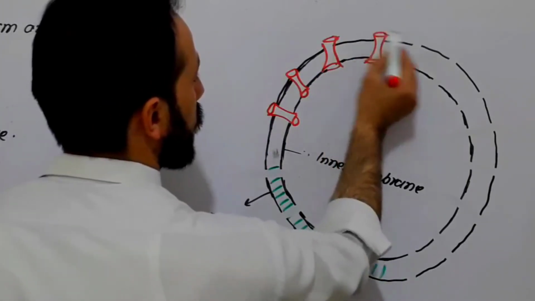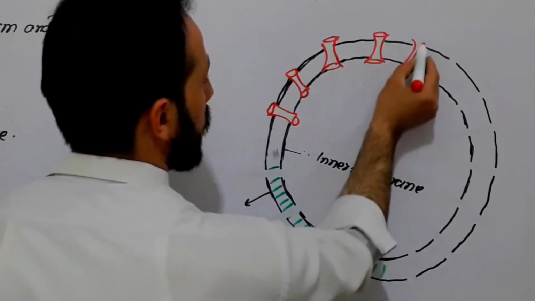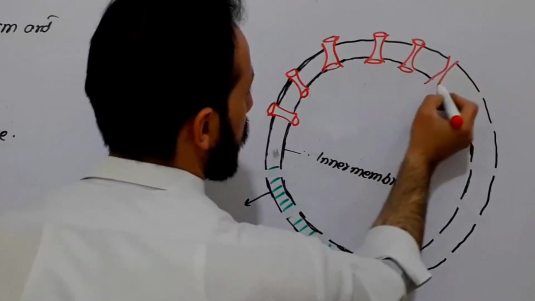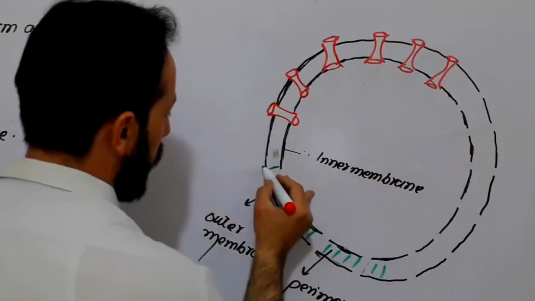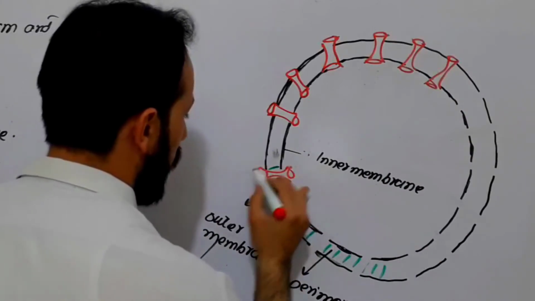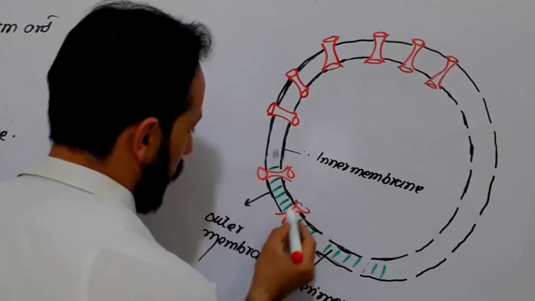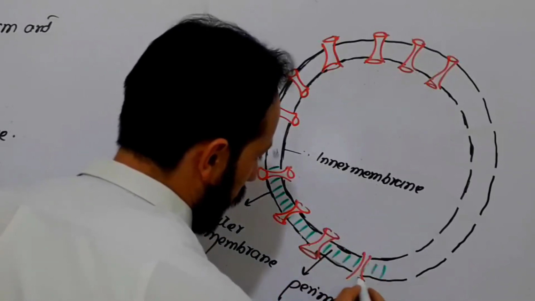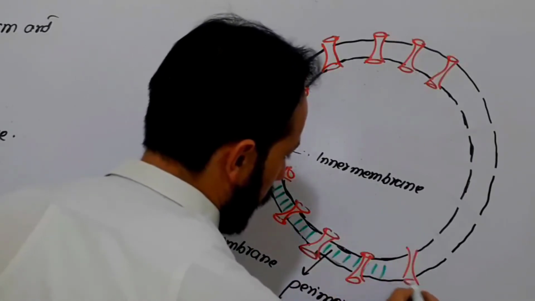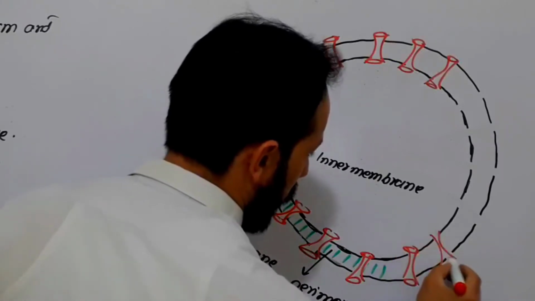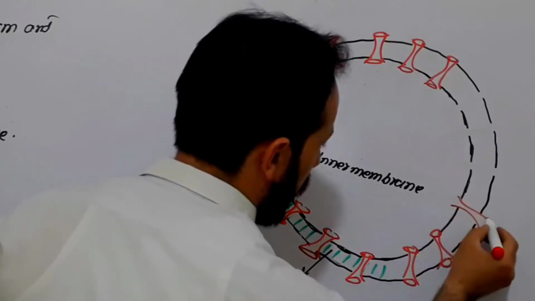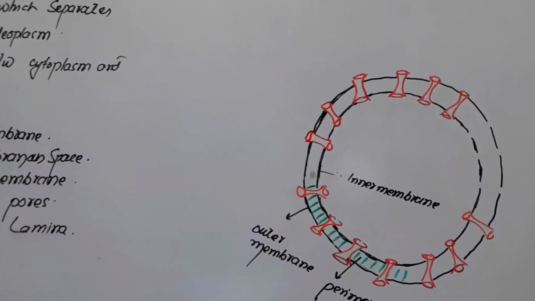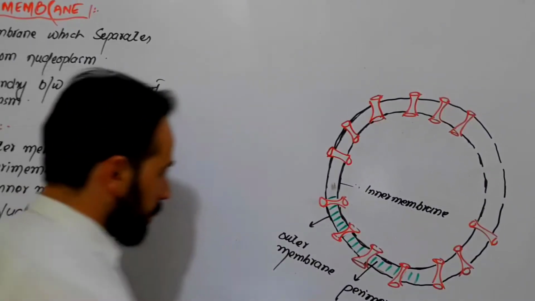These are some special proteins which are present here, and they allow the movement of small and charged substances in and out of the nucleus. So these are called the nuclear pores, and we will discuss their structure, inshallah.